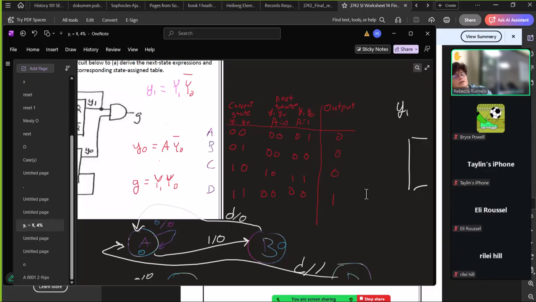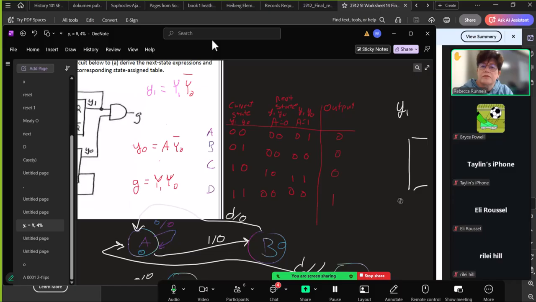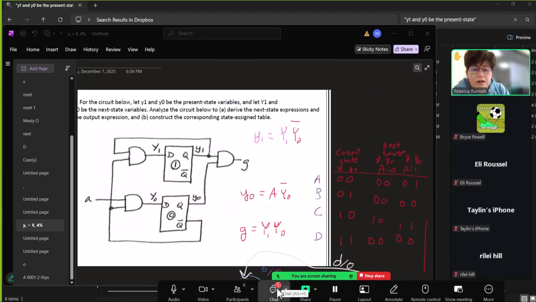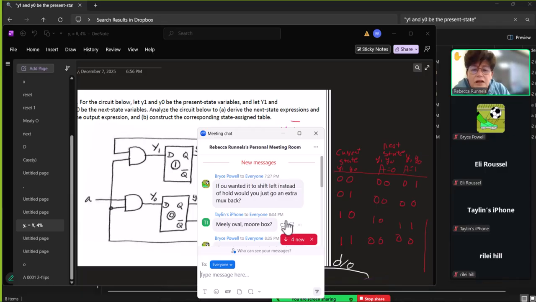No, we don't need that. Those are the next state expressions and output expressions. Right? I'm going to check real quick, make sure. Thanks, James. No problem. Figure it out.